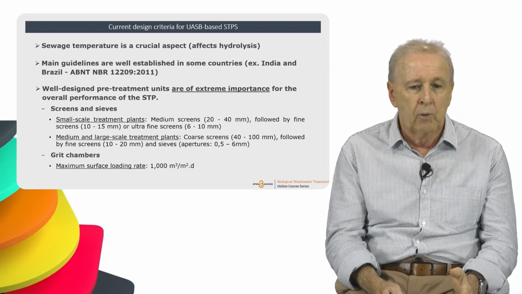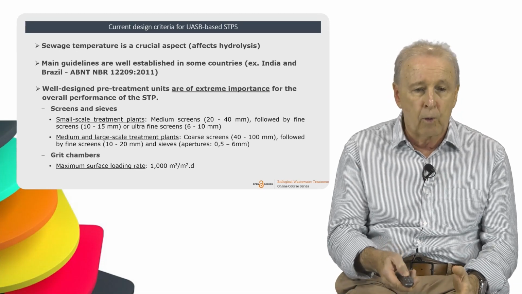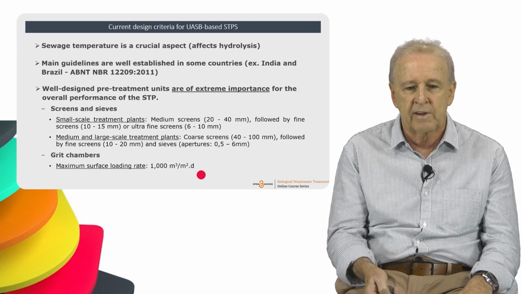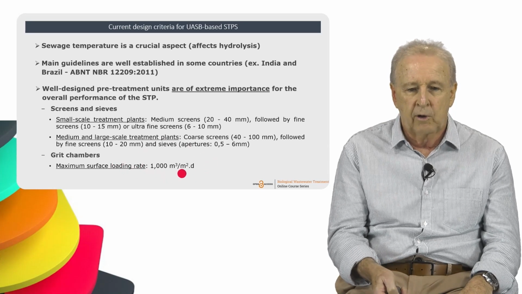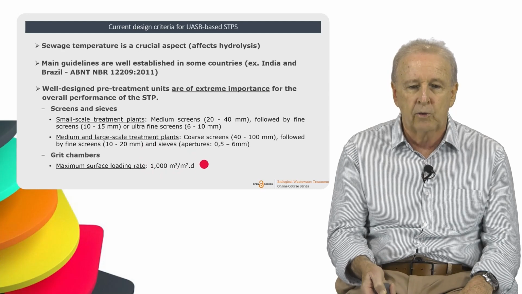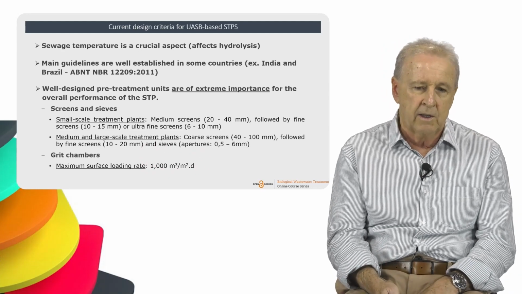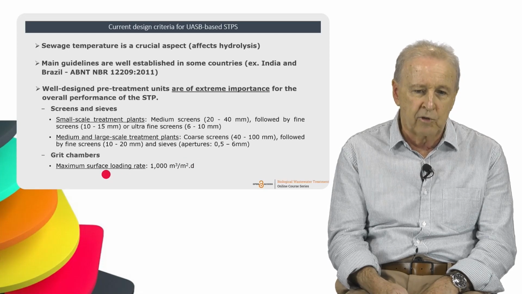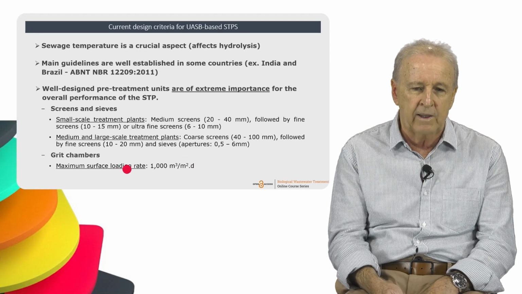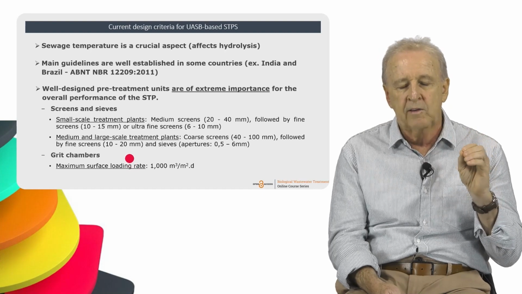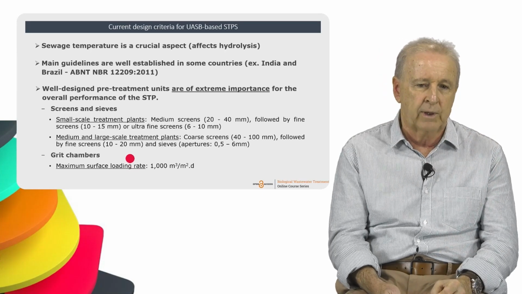So it's very important to have a robust design of the grit chambers. The recommendation in terms of surface loading rate is 1,000 cubic meters per square meter per day. This is the maximum surface loading rate, verified by the maximum flow rate that goes inside the reactor.